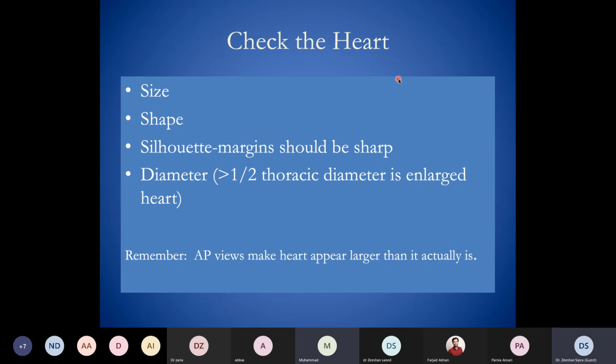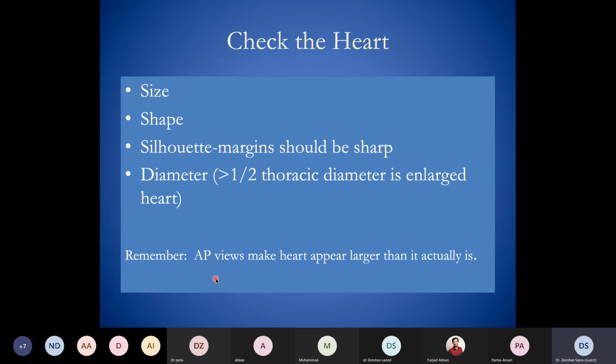Okay, so proceeding. Before I show you how to appreciate the size and the shape, the silhouette, what does that mean, I'll come to that, and the diameter of the heart. Briefly, you need to see these four parameters in the heart shadow.